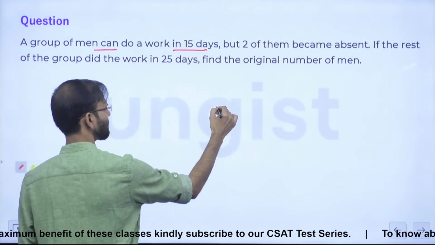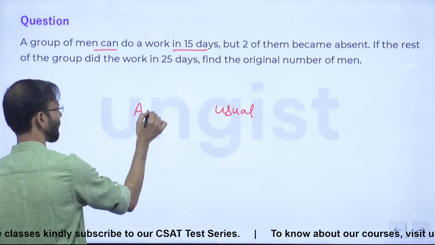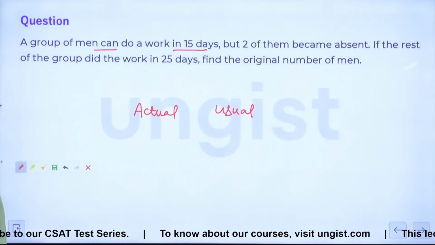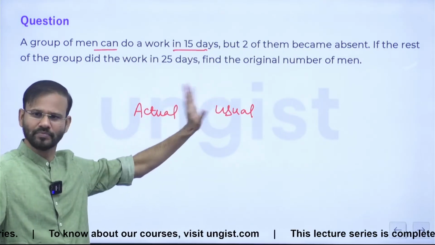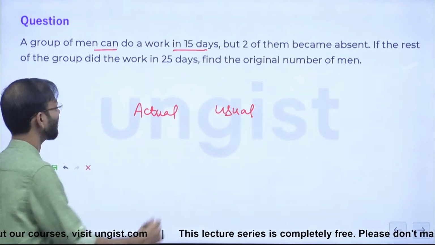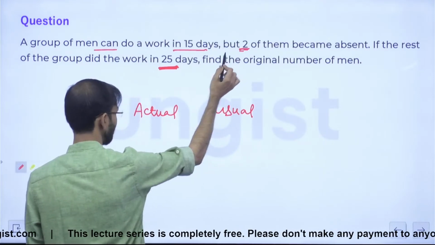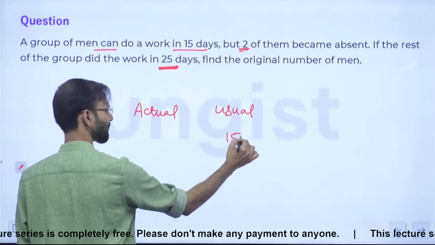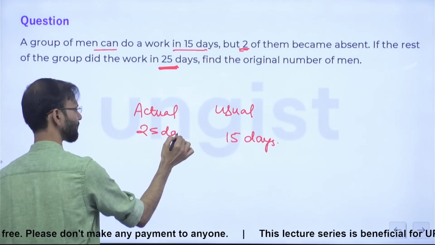So usually it was done by some number of men in 15 days. Let's say there are n number of men, whatever. It can be done in 15 days. But it was done by 2 less men in 25 days, right? So usually it was done in 15 days, but actually it was done in 25 days, correct?